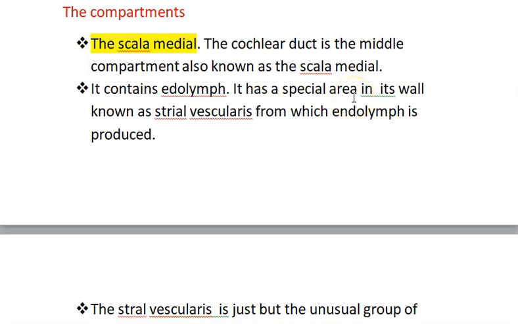In its wall, there's a certain region, a special area, which is known as the stria vascularis, from which the endolymph is produced. So that endolymph, which is in the structures that make up the membranous labyrinth, is produced from the stria vascularis, which is a special region in the wall of our scala media, the wall of the cochlear duct.